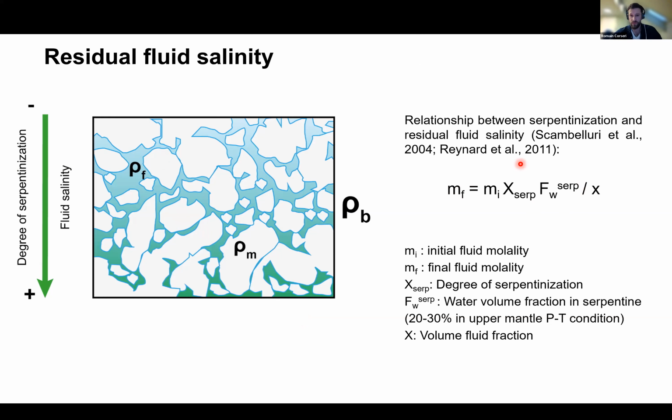If you have as an incoming fluid the salinity of seawater, and you increase it 5 times, as we need to explain our anomaly in the upper mantle, it corresponds to 25% degree of serpentinization of the upper mantle beneath the Bernina basin.